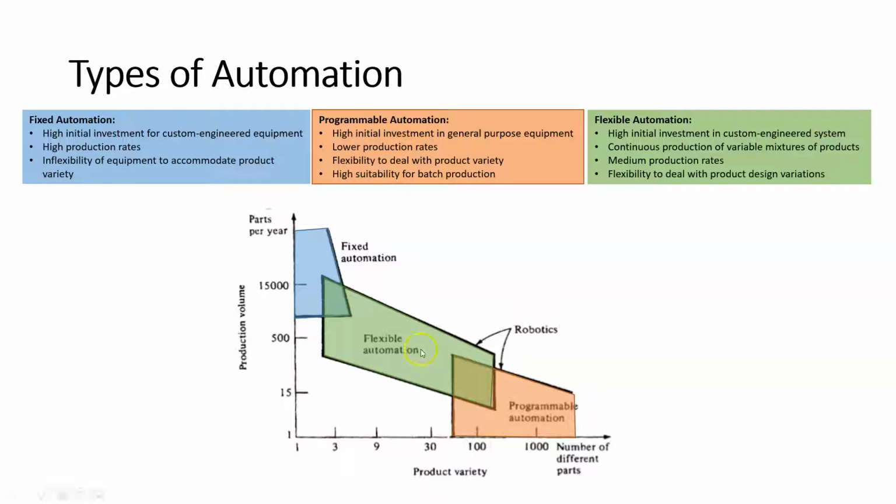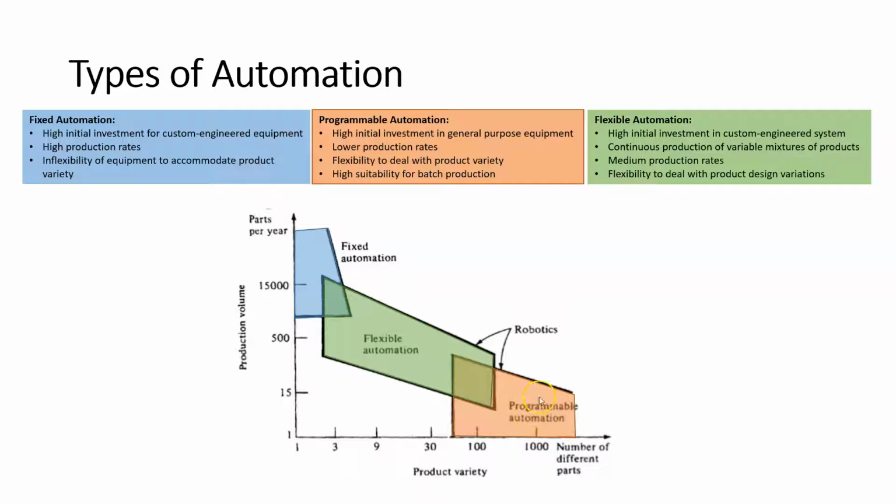So they're not fully soft or programmable. The robot can only do certain things, right? The size of the robot may limit what it can lift or what it can do, the speed of the robot. All those things play a factor in that. And so that's why robotics actually spans both flexible and soft or programmable automation.